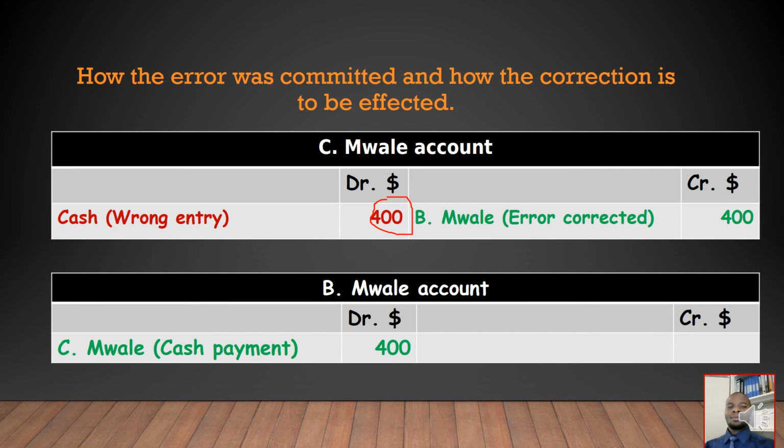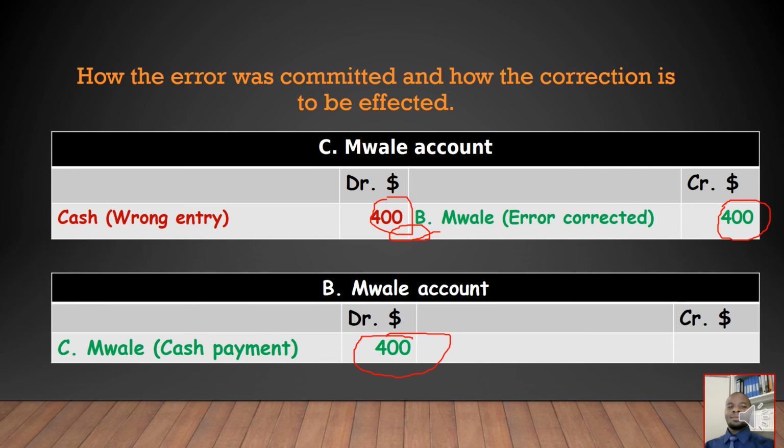So to make this entry correctly, what are we going to do? We're going to credit C Mwale account to cancel this wrong entry that was made in the first place, and then complete the double entry by making this debit entry in B Mwale. In this way, we have corrected the error.